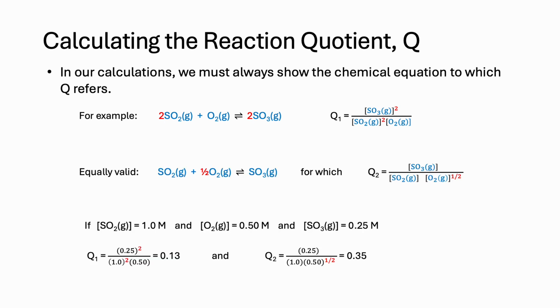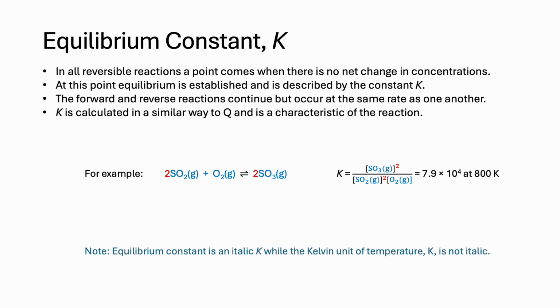An equally valid chemical equation for this reaction has the same reaction ratios of sulfur dioxide, oxygen, and sulfur trioxide, but different coefficients in the equation, and hence a slightly different expression for Q. But does this matter? Putting in values of the concentrations into the two equations for Q gives different answers. So yes, it is essential to write the chemical equation alongside the reaction quotient.